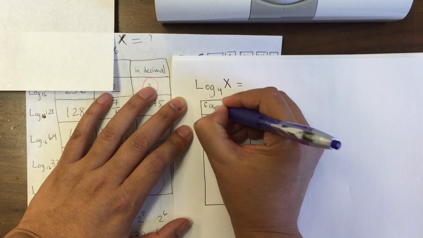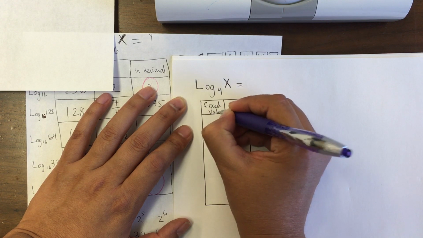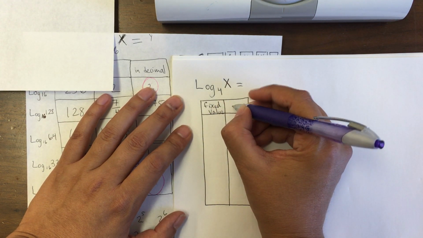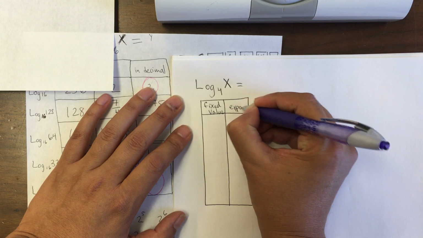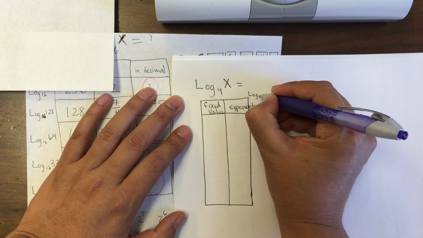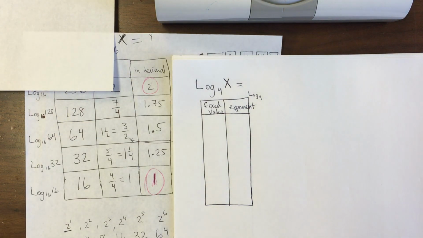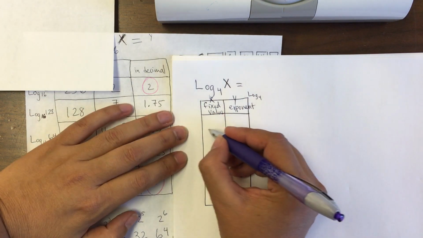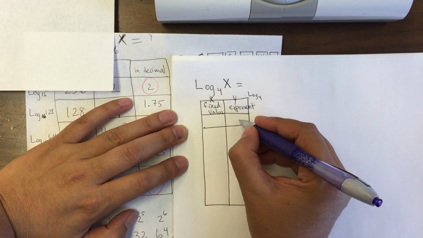So we're going to put the fixed value here, but instead of choosing that first, we're going to put the exponent, meaning the log of 4. Okay, and so this is my x, this is my y. Again, we're going to give values to x instead.